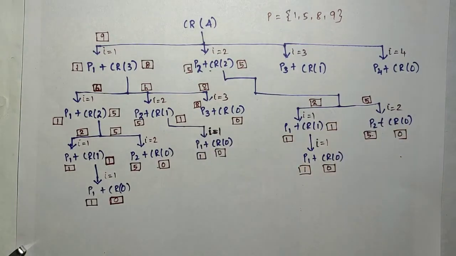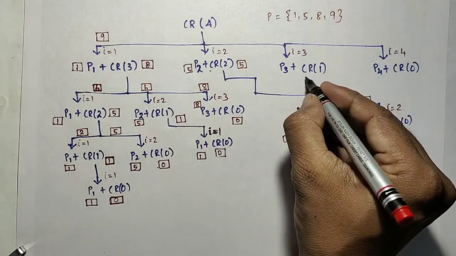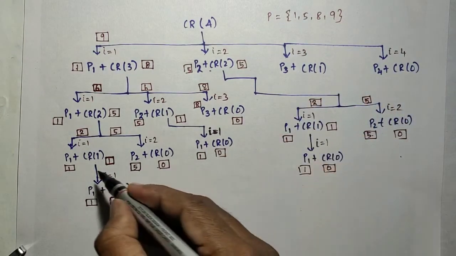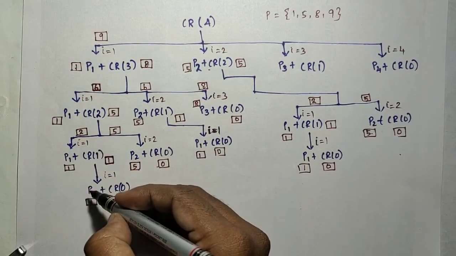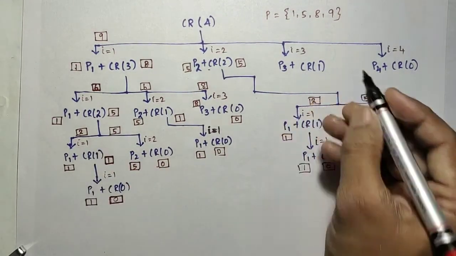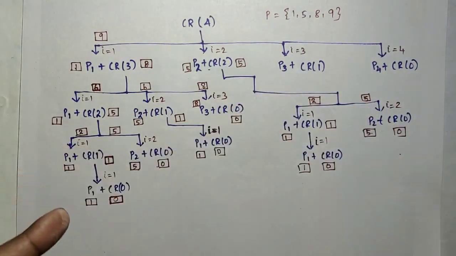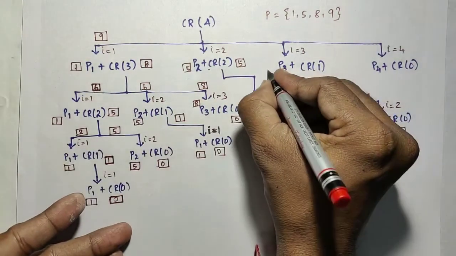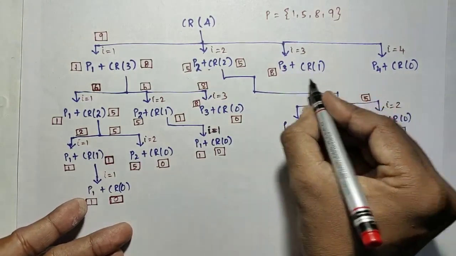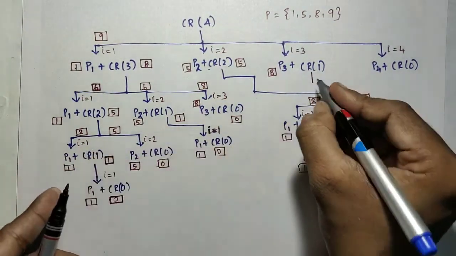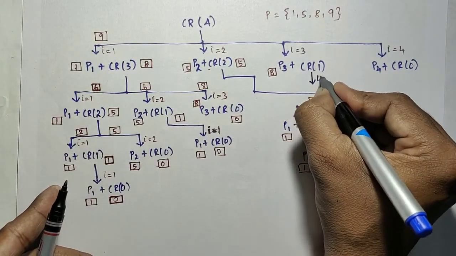This is what is going to be reduced in the dynamic programming algorithm. Similarly here, CR of 1 is again a recursive call. CR of 1 was already determined earlier, but here it will be calculated again. The P3, the 3-inch rod price, is 8, and here it will be called recursively with i equals 1.